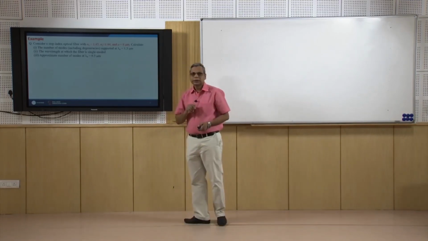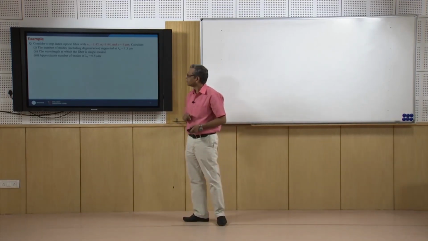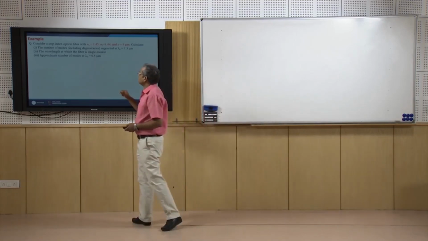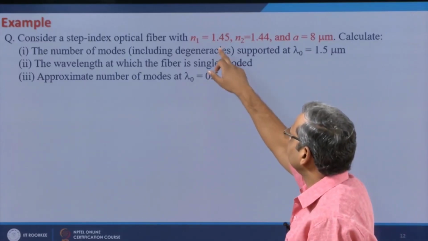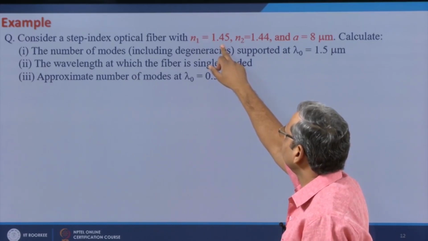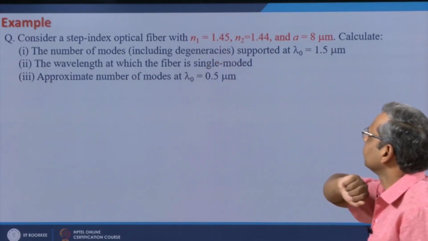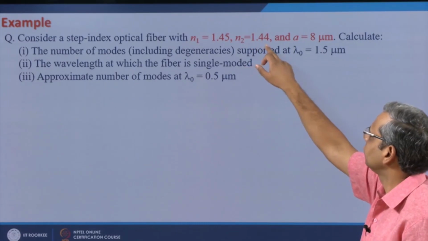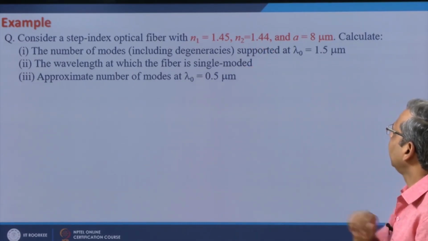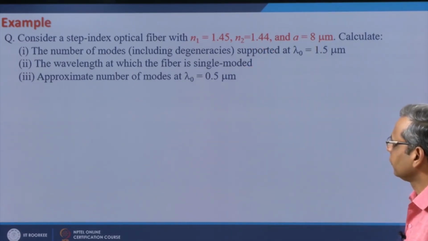Let me work out some examples. Let me consider a step index optical fiber with core refractive index n1 equal to 1.45, cladding refractive index n2 equal to 1.44 and core radius 8 micron.